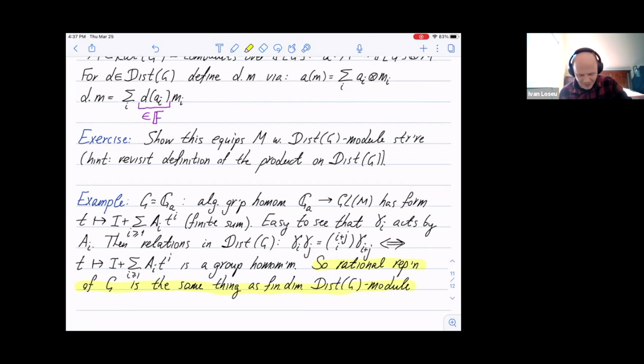So it looks like I take this Dist G_a module, which is a bunch of operators gamma_i satisfying these identities. And then I can use this formula to cook a representation of G_a. This is a true statement.